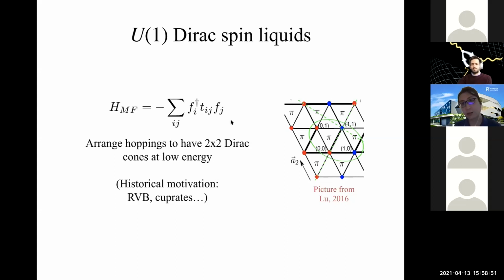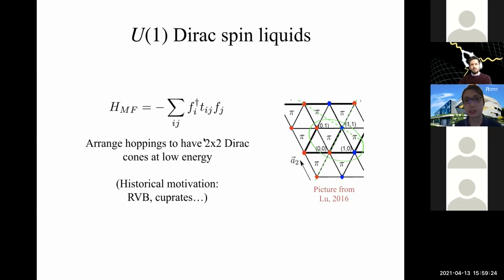This can be done essentially on any 2D lattice you like. For example, on the triangular lattice, you can choose the Tij such that you have a pi flux on every downward triangle and 0 flux on every upward triangle. And then you solve the tight binding model. You realize that at low energy, you get 2 gapless Dirac nodes in momentum space. And since the F fermions transform as spin half as an SU2 fundamental, you get an additional twofold multiplicity.